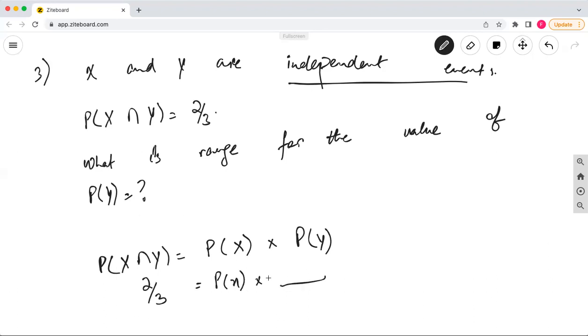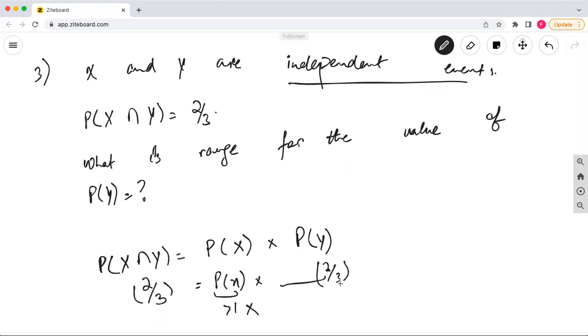So let's think, what is the minimum possible value of probability of Y? The minimum possible value is 2 by 3 itself, because if I consider this value less than 2 by 3, to make the product equal to 2 by 3, the other probability has to be greater than 1, which is not possible.